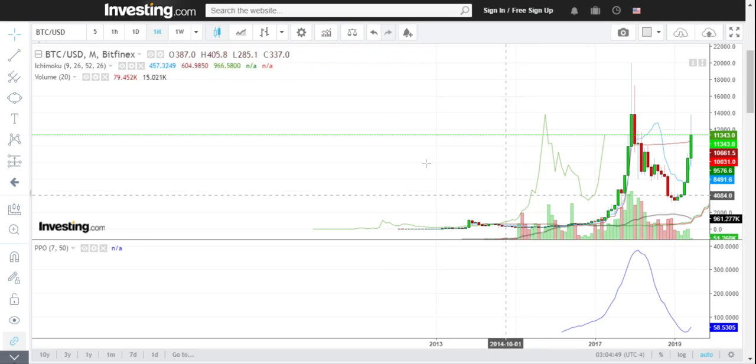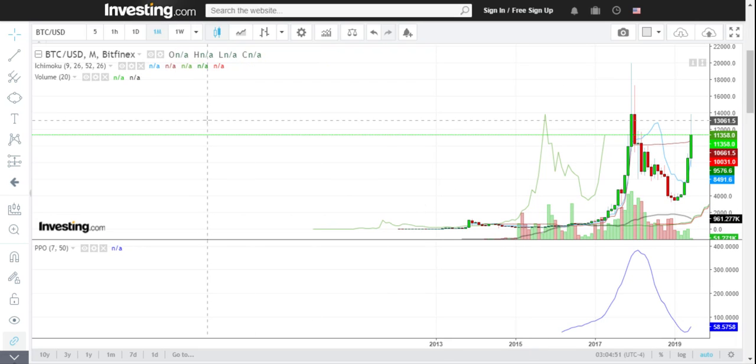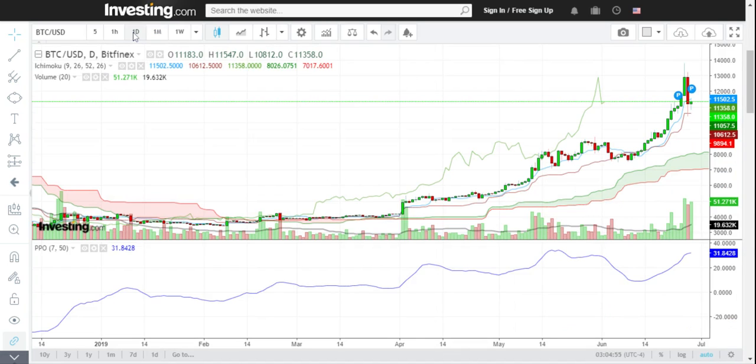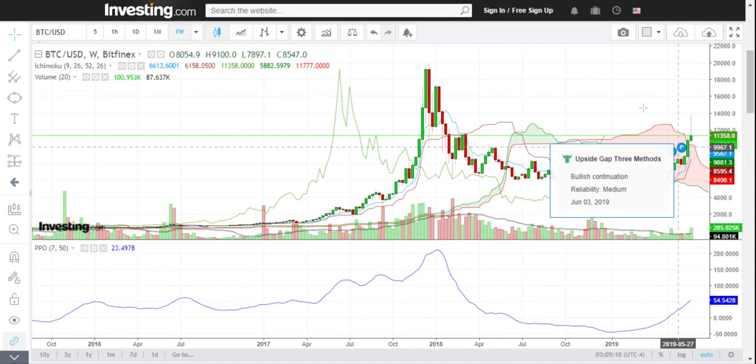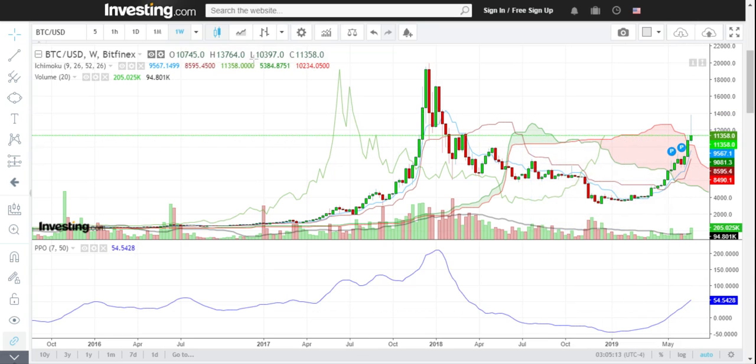So in order to summarize what we have seen here, on the daily chart we are above the Ichimoku cloud, but here we have most probably a point of control, so I expect to see a retracement in the short term. However, the price oscillator is positive. On the weekly chart, the price oscillator is positive, but we are fighting with the Ichimoku cloud.